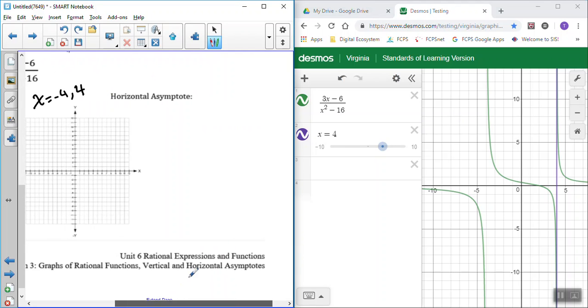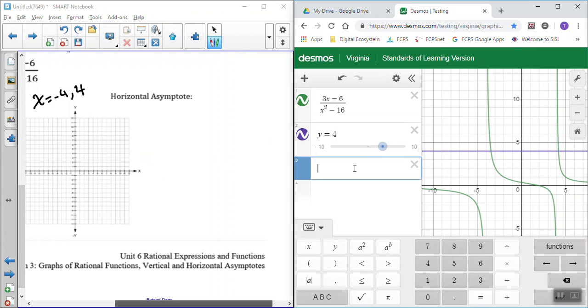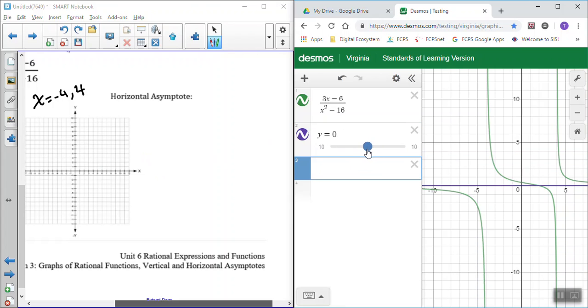Now, horizontal asymptotes. Let me see, I'm going to put y equals, and then I'm going to bring it down. Now, you see how it's crossing it here. So you want to know, is this a horizontal asymptote? It's still a horizontal asymptote because for a horizontal asymptote, we only care about what's happening on the far left and far right.